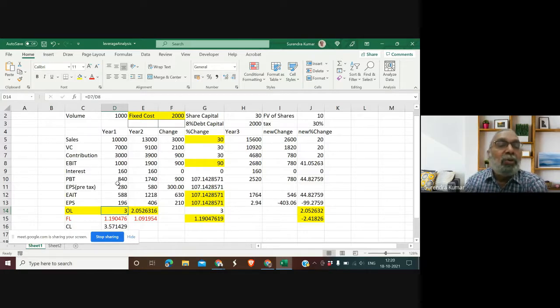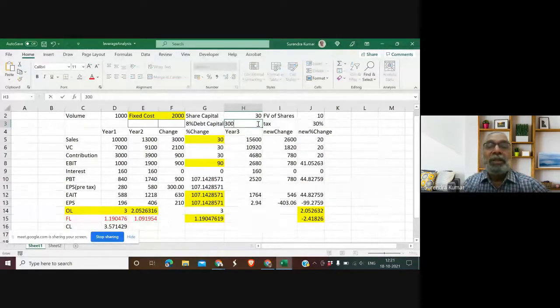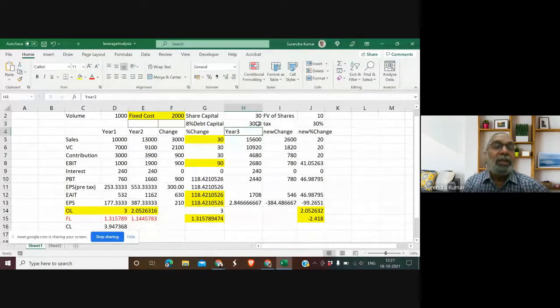And then we move on to the financial leverage part. So here again, since I was manipulating this data, I have written 8% on 2000 debt, which I can change.